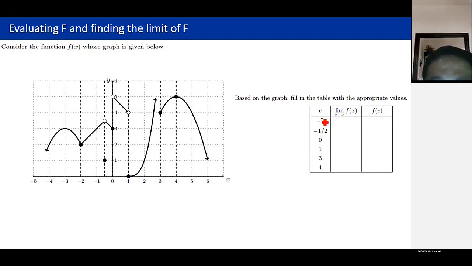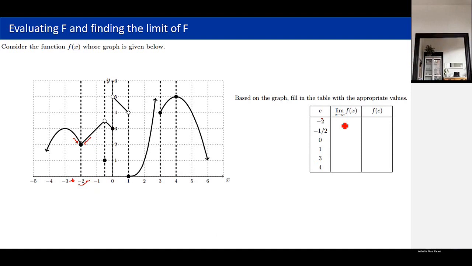So, if X is approaching C or negative 2, ano ang limit? From the left, saan ang graph papunta? From the right, saan ang graph papunta? What is our limit?